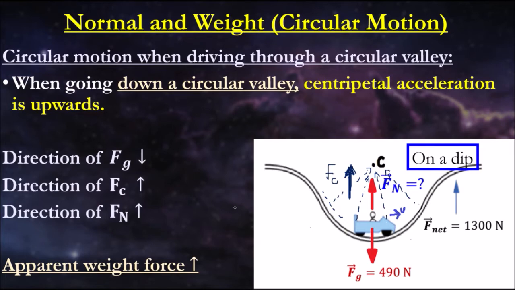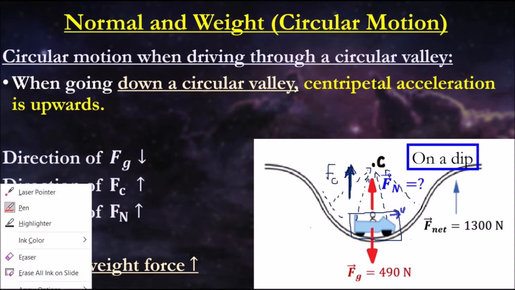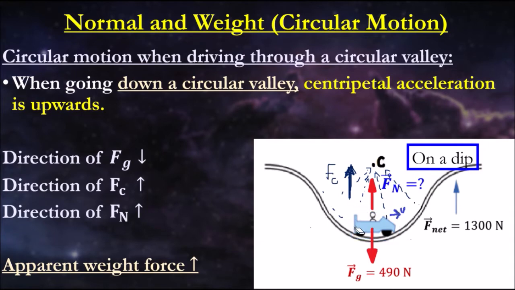Now we can see a couple of things. Let's assume the person is at the very bottom of this motion. Let's get rid of some of these marks so we can see it more clearly. So our driver is at the very bottom of this dip and is still moving in this straight direction up.